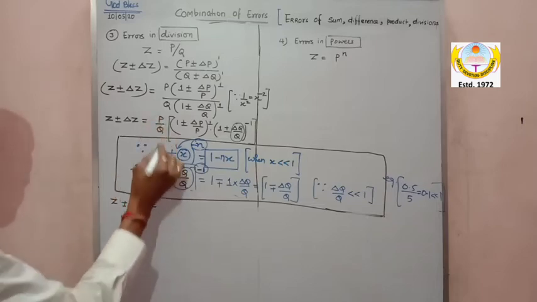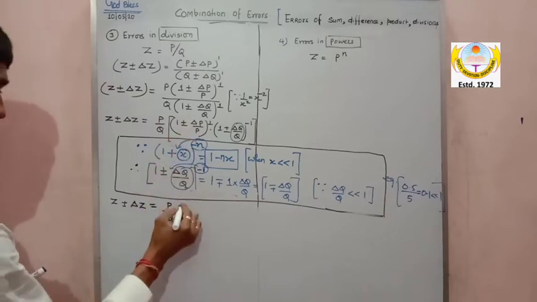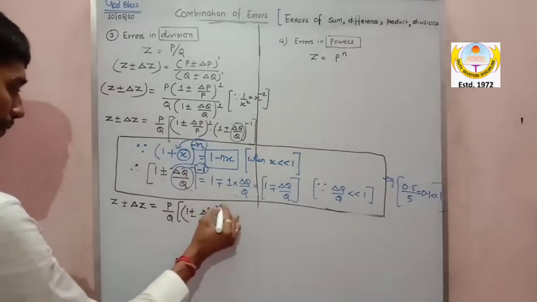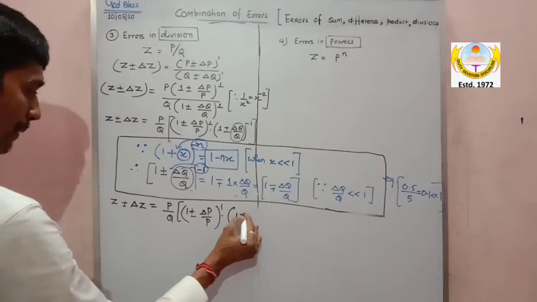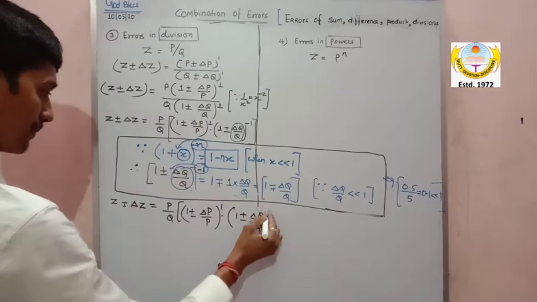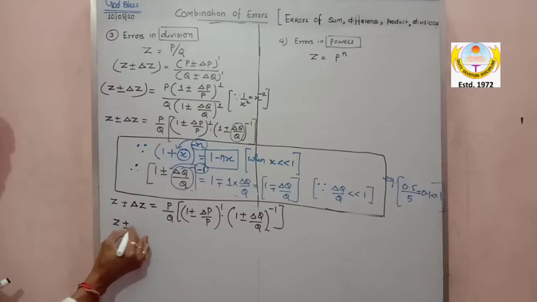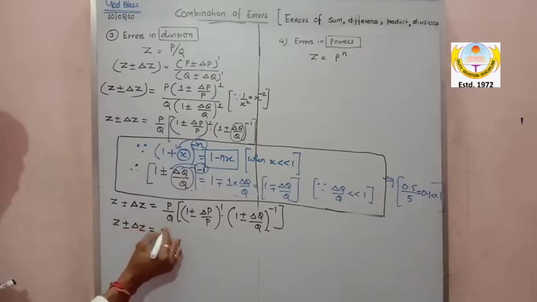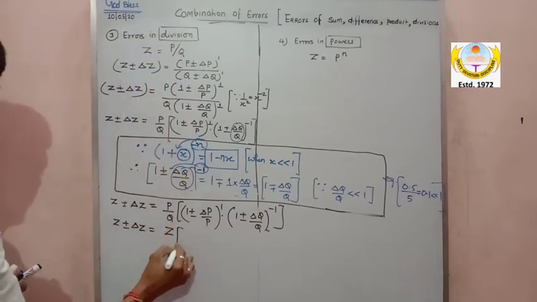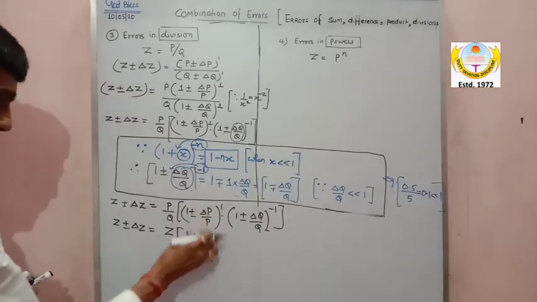is equal to P by Q. I am writing the step again: P by Q into 1 plus minus delta P by P whole power 1, into 1 plus minus delta Q by Q whole power minus 1. So now the step will be: Z plus minus delta Z is equal to P by Q, which is Z, from the topic P by Q is Z. This is 1 plus minus delta P by P. As the power is 1, it will remain the same.